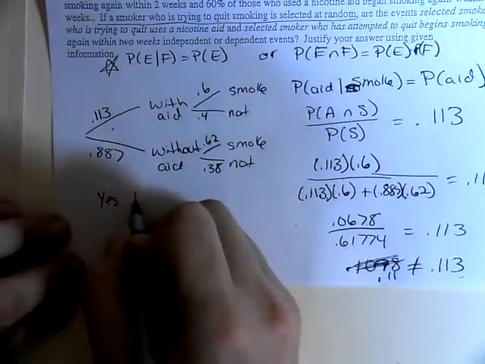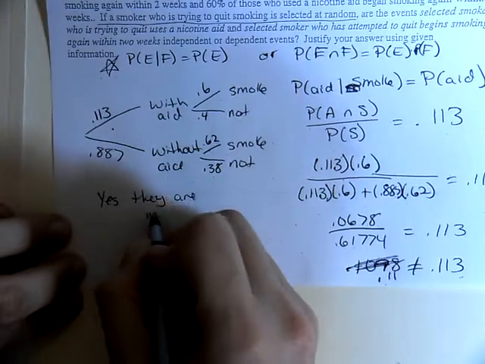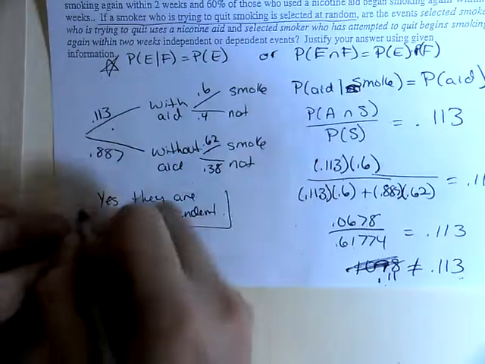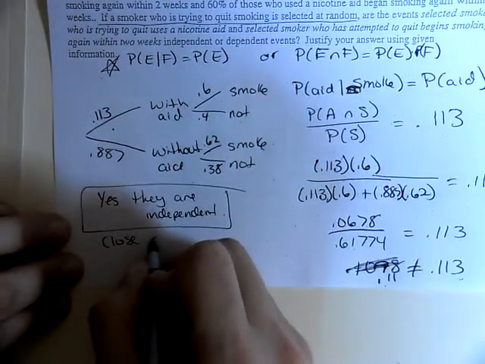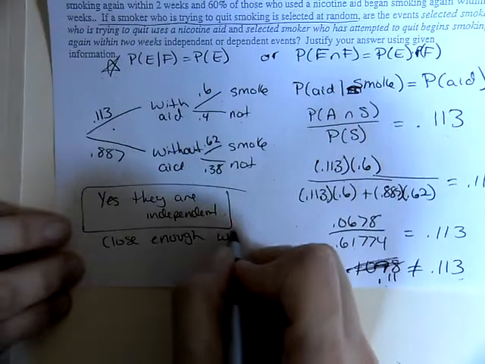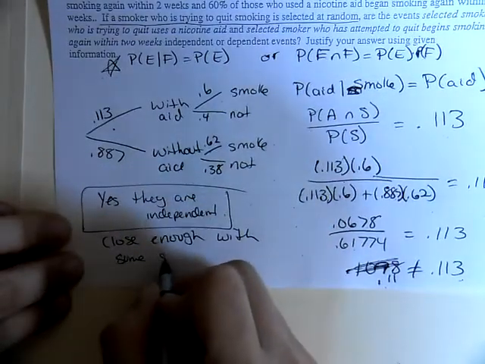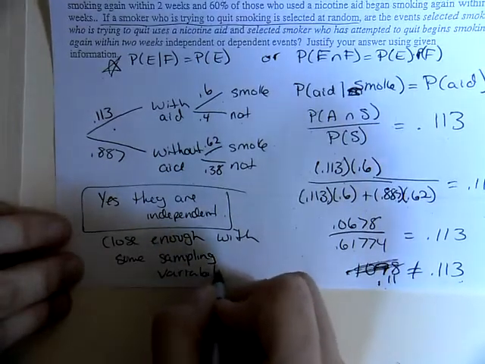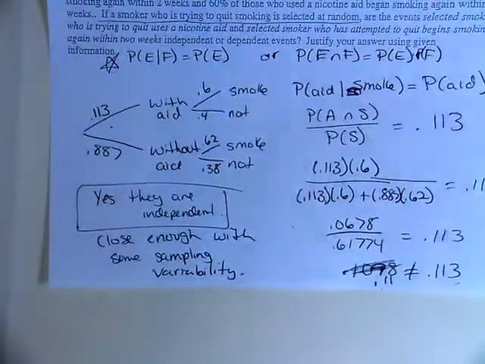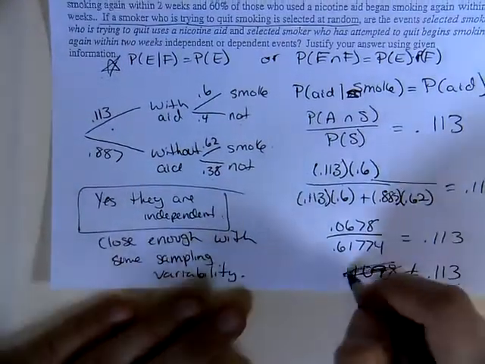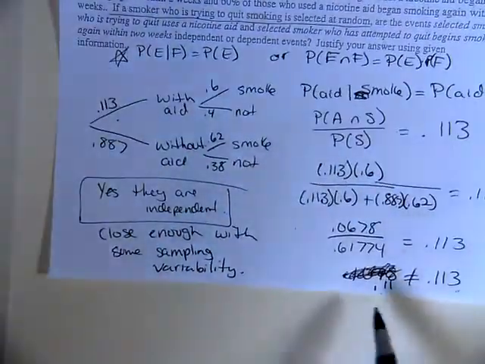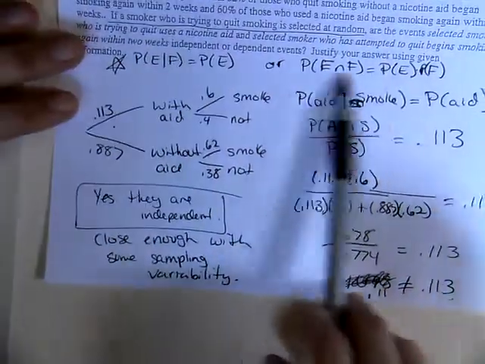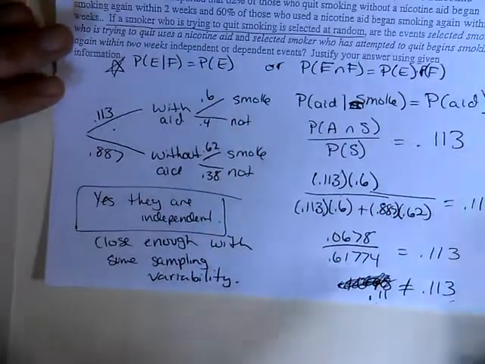So here we can say, yes, they are independent. It's close enough with some sampling variability. So you need to be careful when you're looking at samples here. The numbers can be close enough, not exact. So here 11% and 11.3%, that's why they were close enough. You could try and use this other one and see if it gets close. I'm assuming you're going to get the same answer.